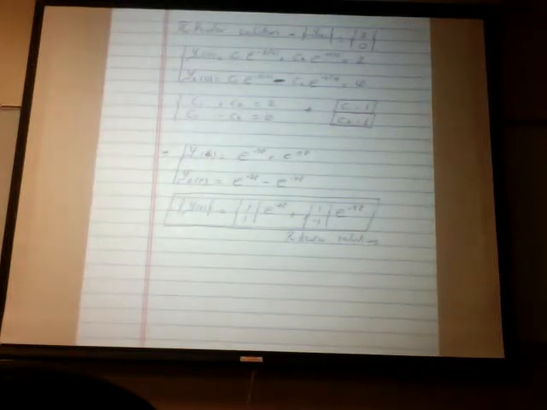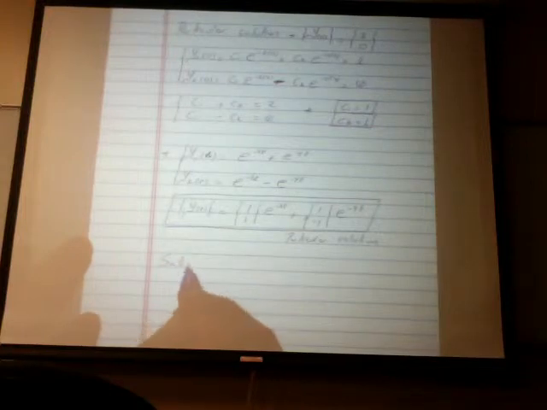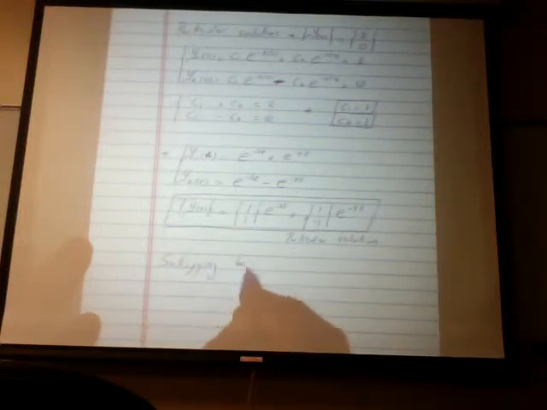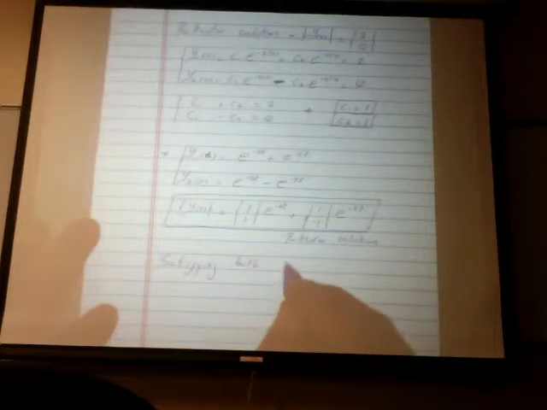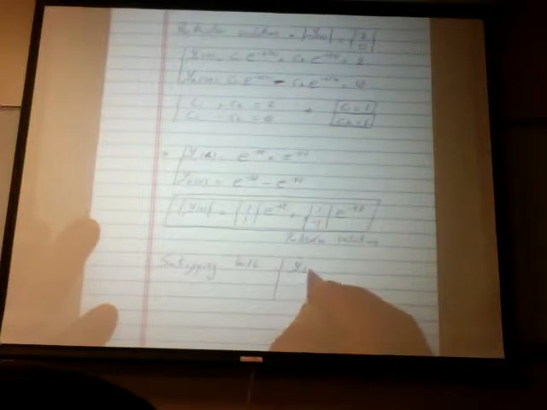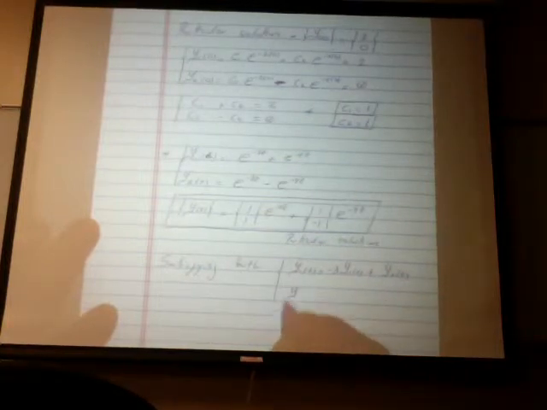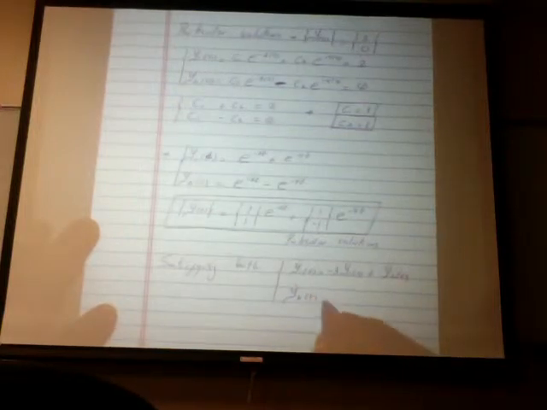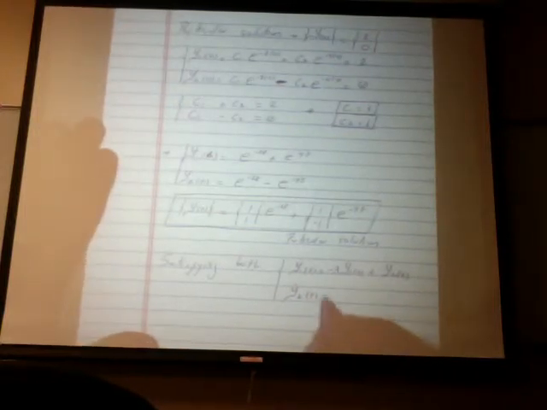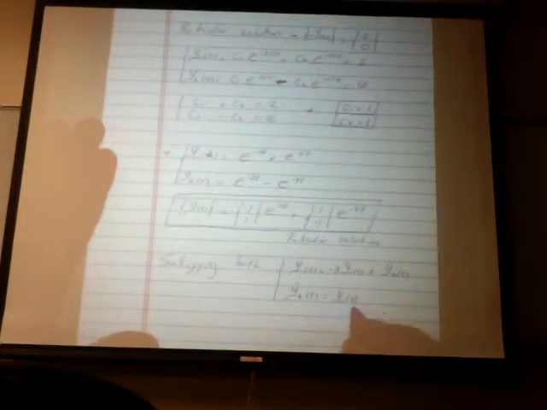This set of solutions satisfies both the governing equation, y1 prime of t is equal to minus 3 y1 of t plus y2 of t, and y2 prime is equal to y1 of t minus 3 y2 of t.